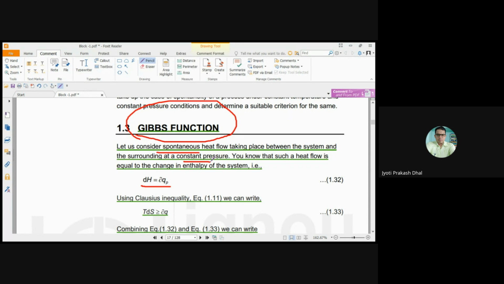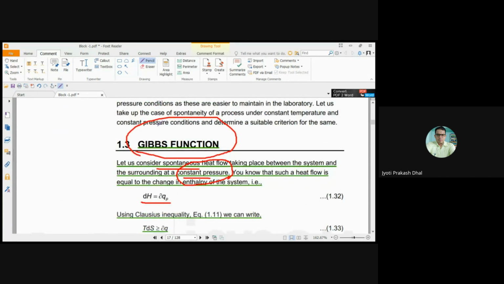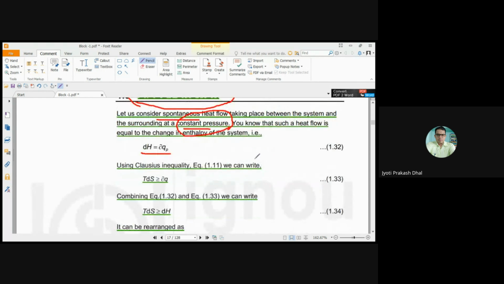When the constant volume condition is there, we move to the Helmholtz function. So for a spontaneous process at constant pressure, we should define the Gibbs function. For constant volume, we should define the Helmholtz function.